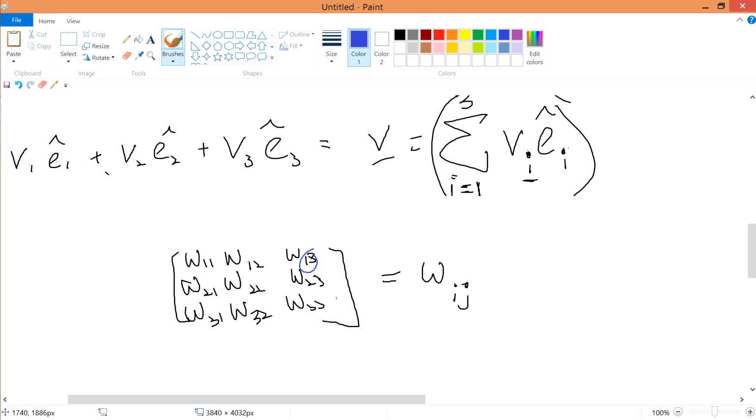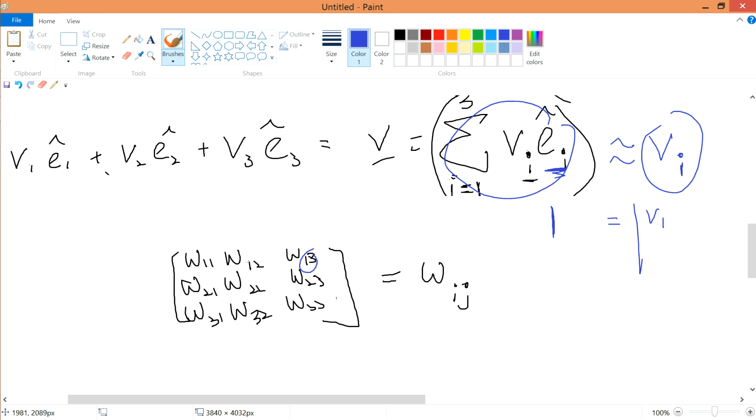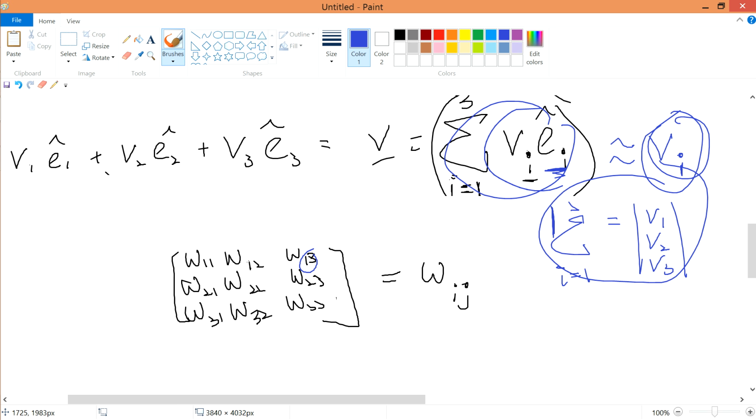We know that the unit vector is a constant 1. Therefore we can rewrite this whole chunk as vi, that's all. In the end we will have v1, v2, v3, and the summation from i equals 1 to 3. It's the same thing to describe this and this.